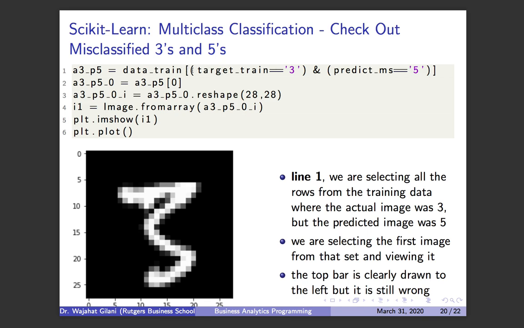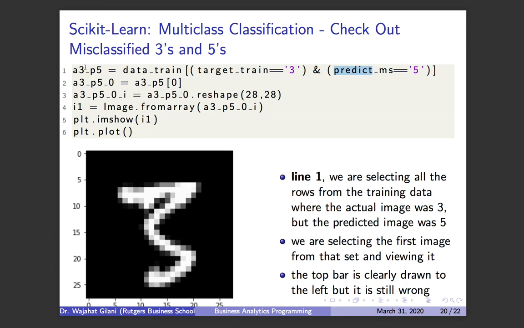So what this is saying is, if the first row of data train is actually a 3 value, and the first row of predict underscore ms is a 5, the value was actually a 3 but predicted to be a 5, then give me the first row of data train. That's how it works. If any one of these conditions is wrong, it's not going to give you that row of data train.